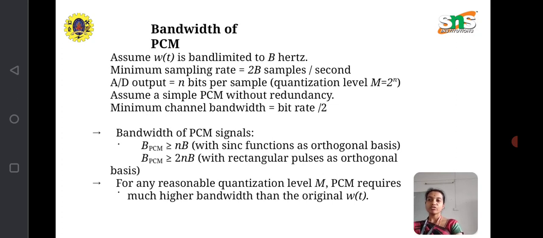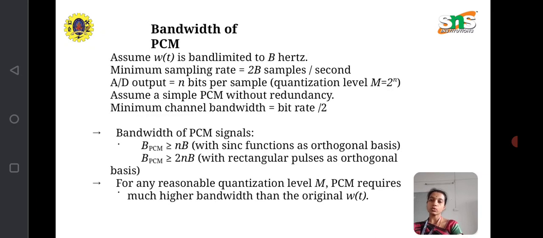Next, bandwidth of PCM. Assuming w of t is band limited to B Hertz. Minimum sampling rate is equal to 2B samples per second. Analog to digital converter output will be of n bits per sample. Assume a simple PCM without redundancy.